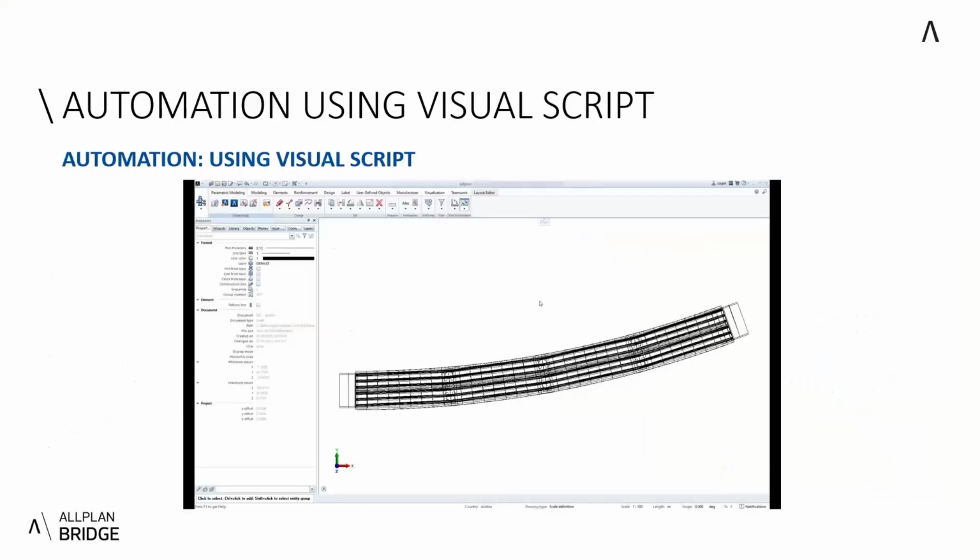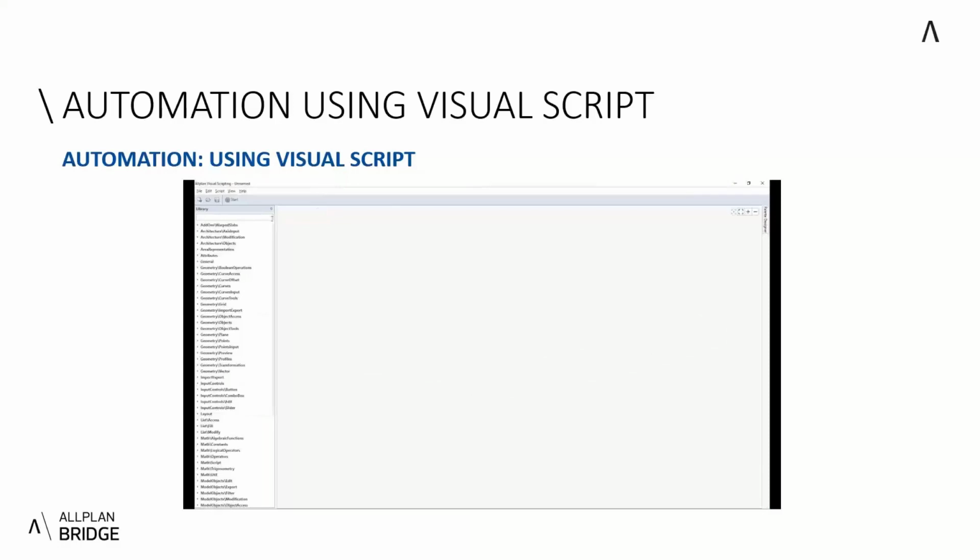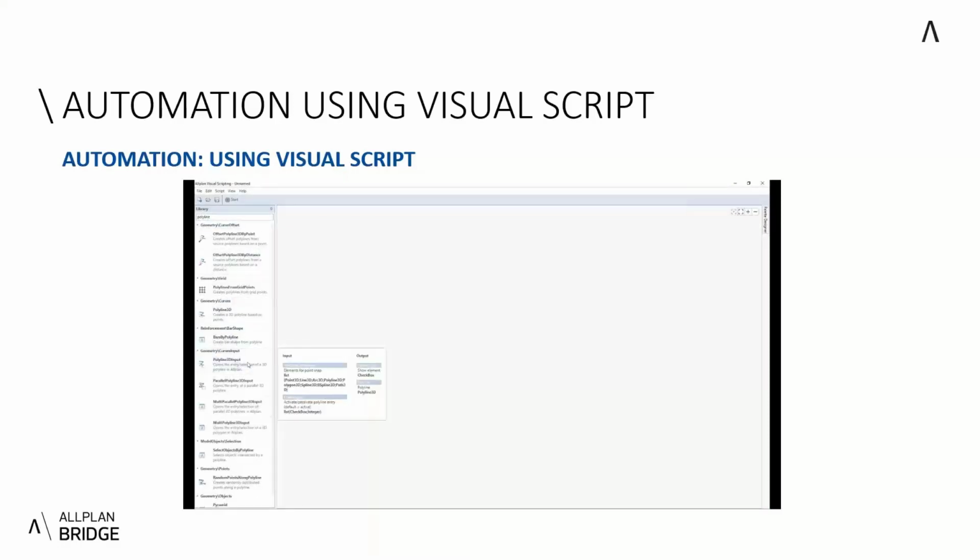But in our case, what we want to use Visual Script for is to automate some tasks. So here I'm going to give you a simple example. I'm just going to start with the Visual Script, to show you what I mean. This, the one that I dragged and dropped, is called a node.